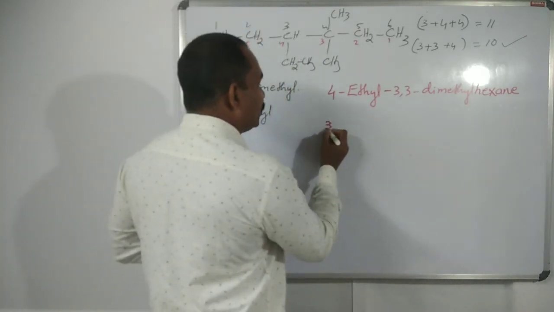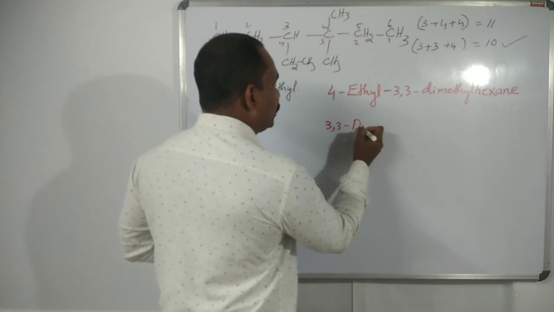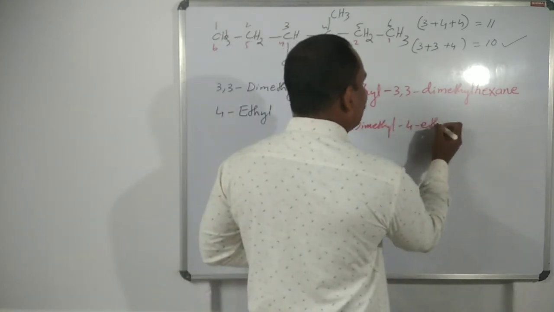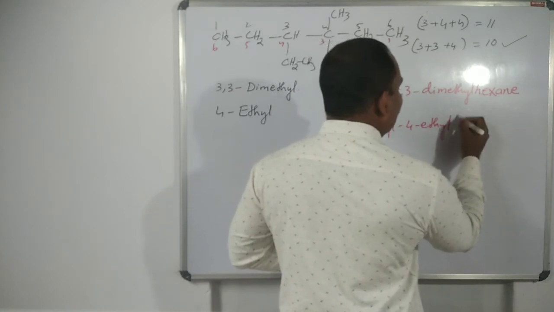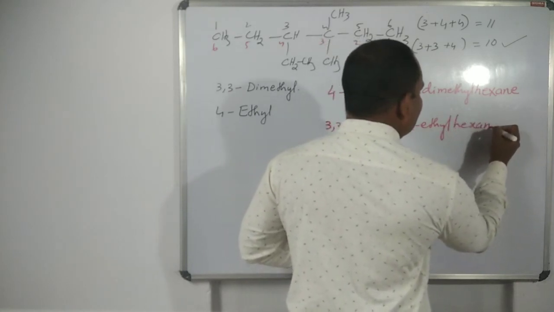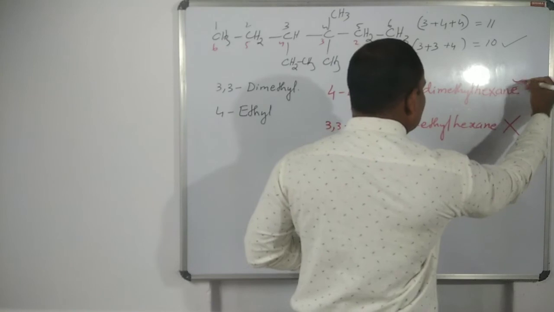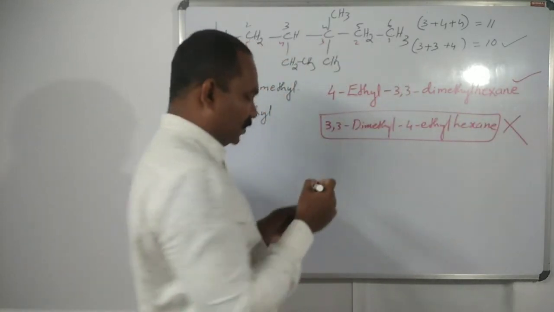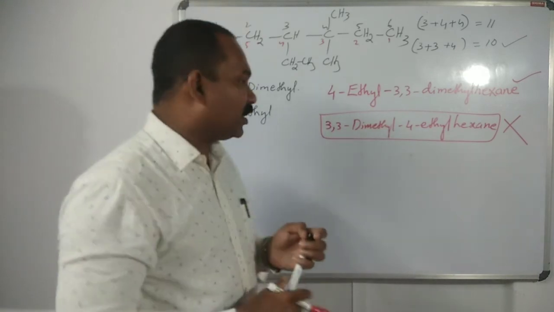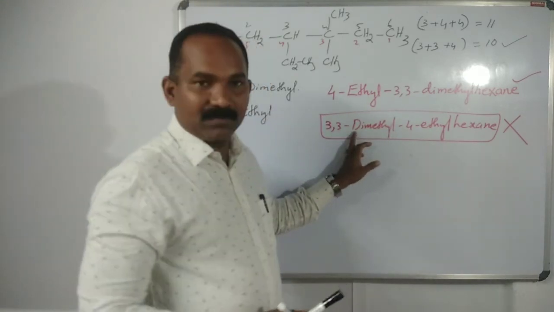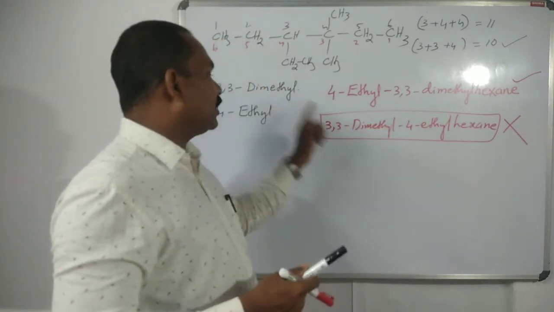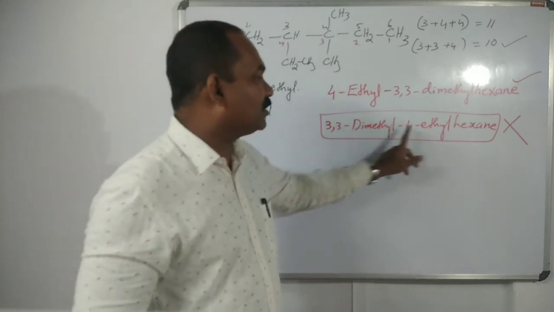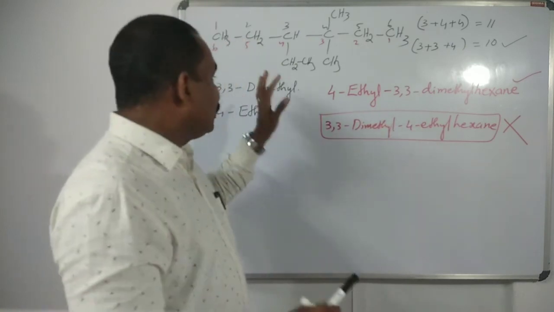Not 3,3-dimethyl-4-ethyl hexane. This is wrong. This is correct. Some students think about D as earlier, since according to alphabetical order D comes before E. Not like that.